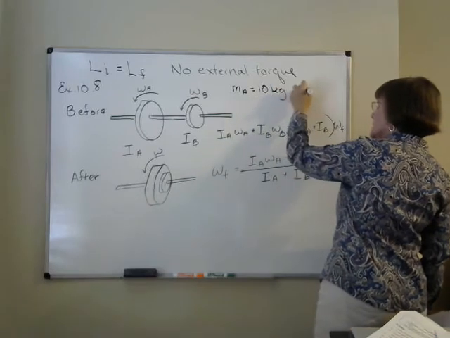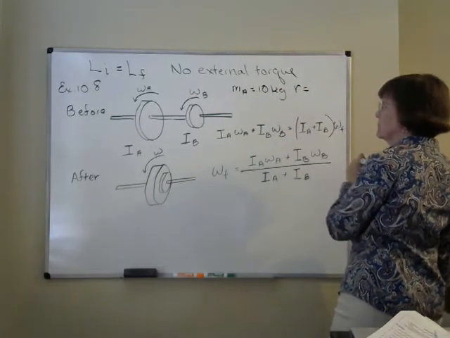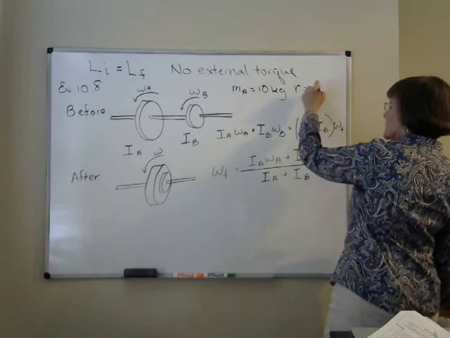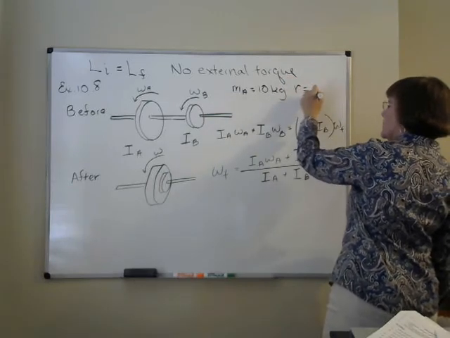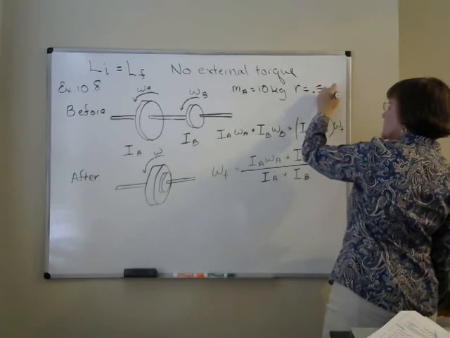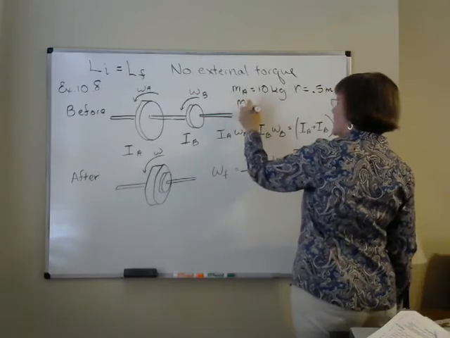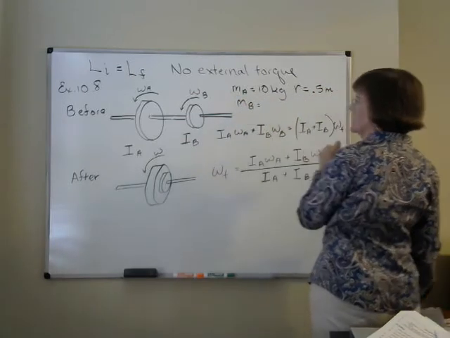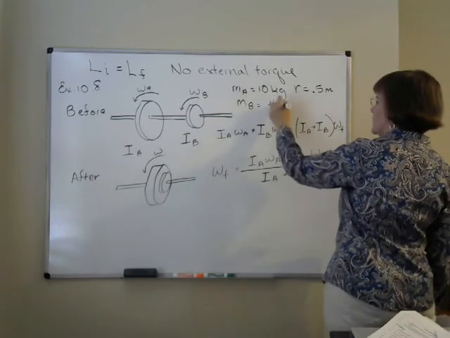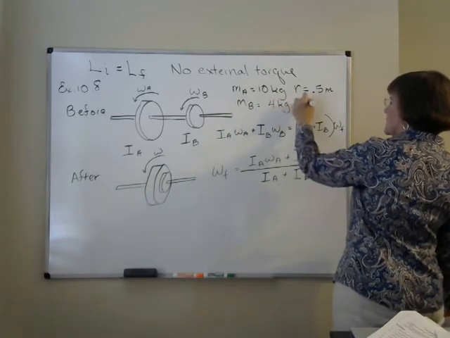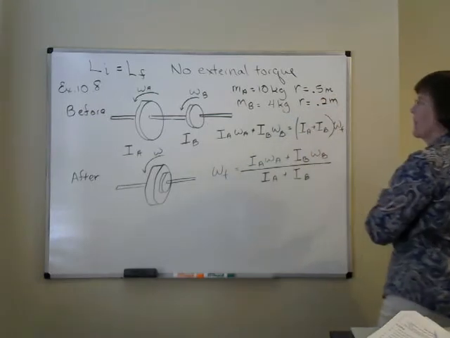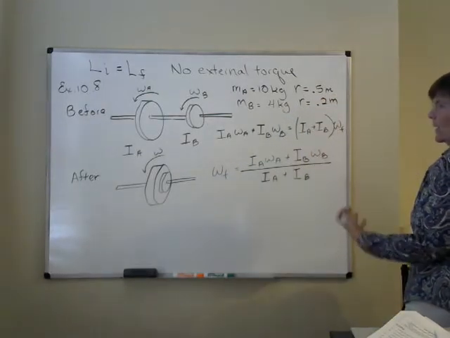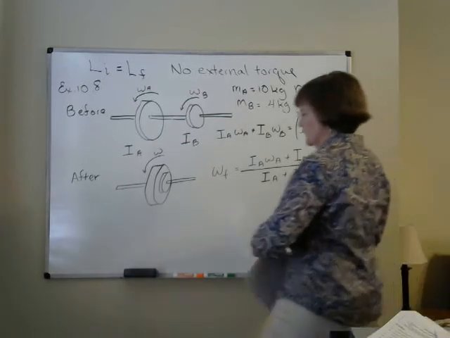Its radius is 0.5 meters. Mass B is 4 kilograms. Its radius is 0.2 meters. We can go from there. Let's do it.